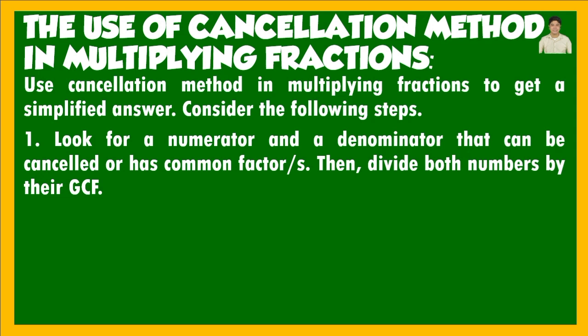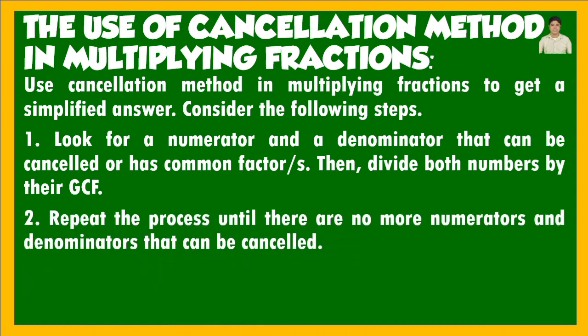Ibig sabihin, kailangan yung isa numerator nasa taas, yung isa naman denominator nasa ibaba. Hindi po pwedeng parehong numerator ang ika-cancel out. Hindi rin pwedeng parehong denominator. So dapat numerator at denominator. And then, kailangan natin dyan, syempre, yung greatest common factor. So, sa cancellation method, gamit na gamit po dyan yung greatest common factors. So, kaya meron tayong review kanina ng greatest common factor.